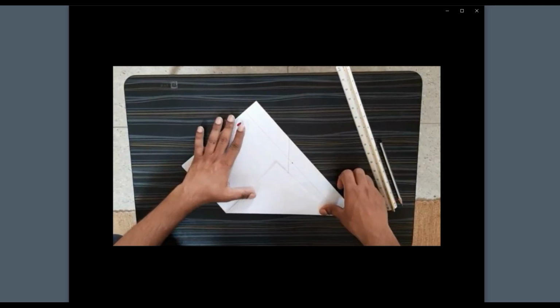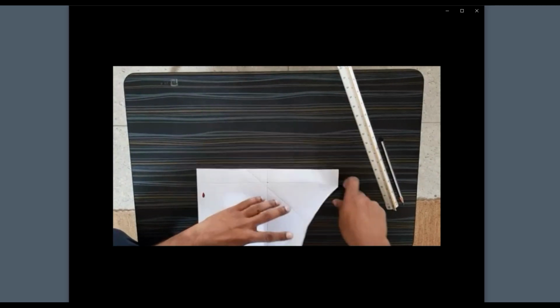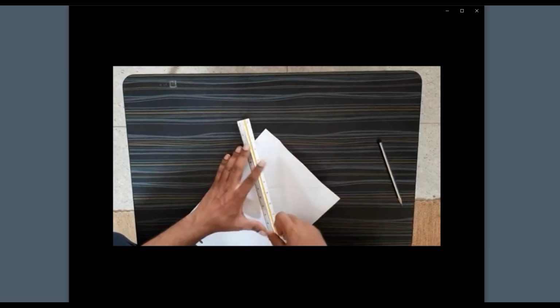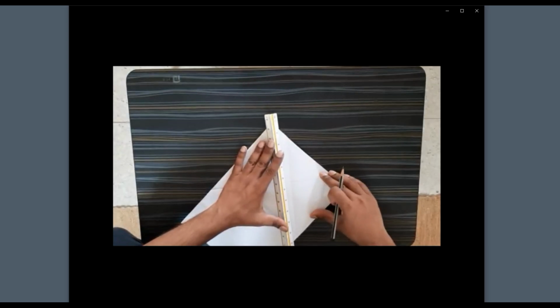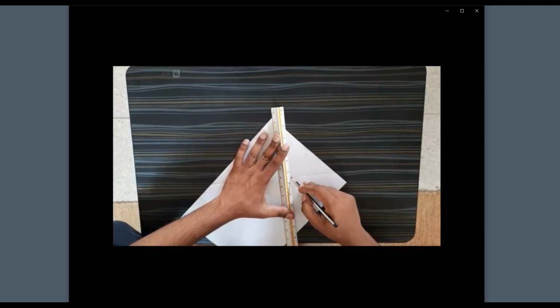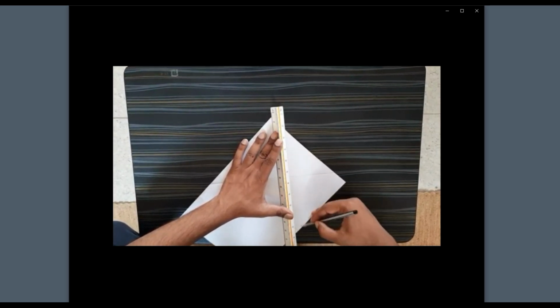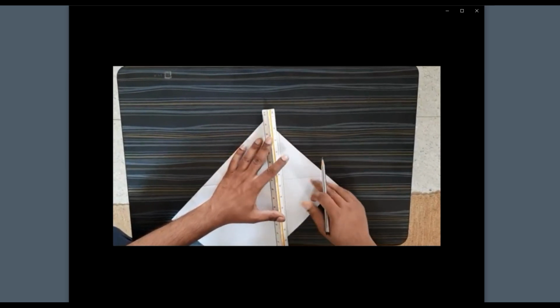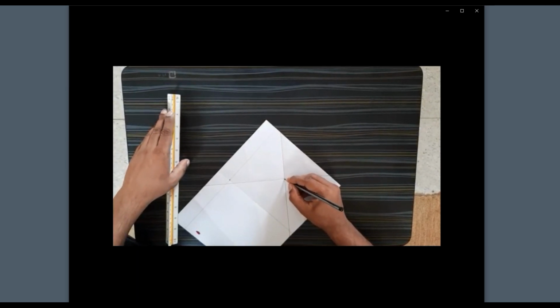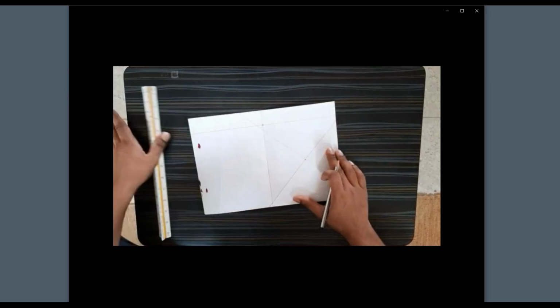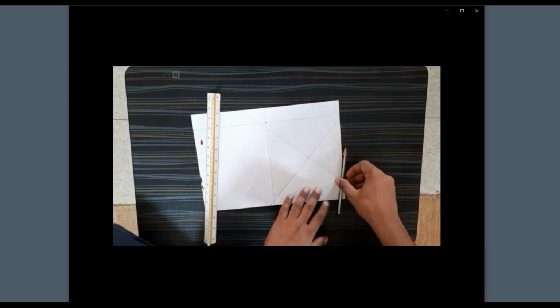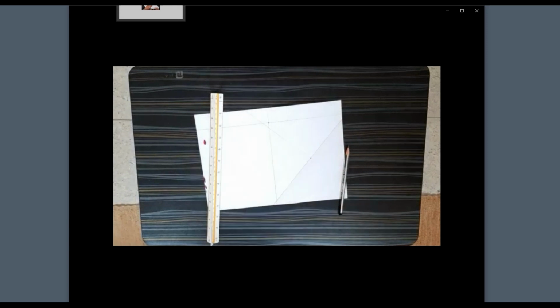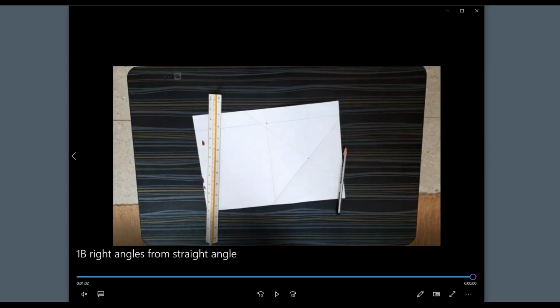You will not be able to see it, but if you do it yourself, you will be able to see that. Why I did that and why I held the scale. And that is your angle, and yeah, that's your right angle.